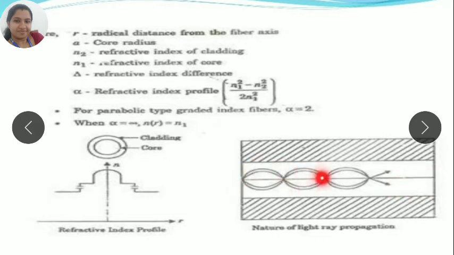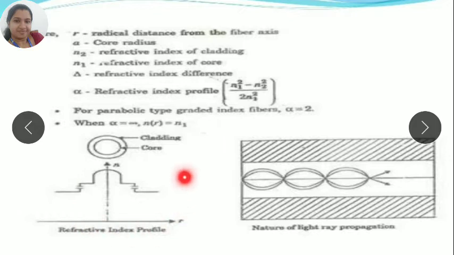These curved lines represent that the refractive index is not constant. Near the core axis, light is propagated with maximum intensity, and near the core-cladding interface the quality of the light wave is very poor, because the refractive index of the core is very small in this region compared to the axis.